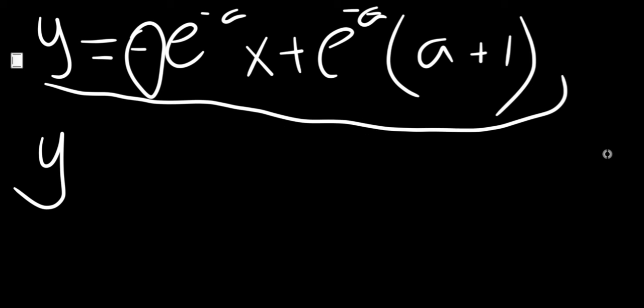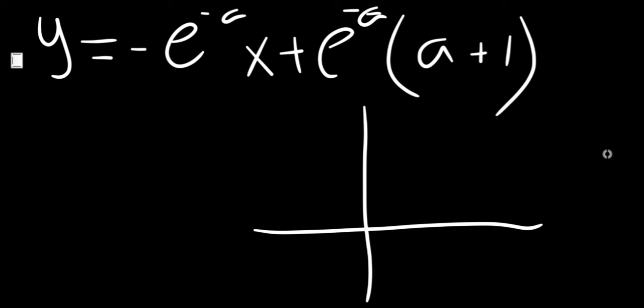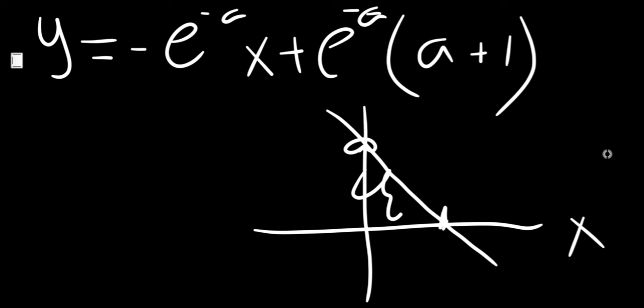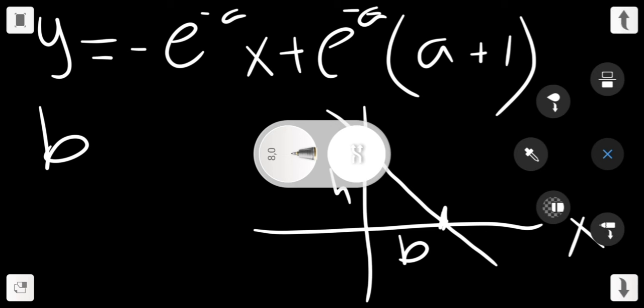What do I mean by this? Well, we have our y-axis and our x-axis, so the line is like this, and the question is asking us, remember our goal, to find this area over here. So this is a triangle, this is the base and this is the h. So if you could find p multiplied by h divided by 2, we can end this question.